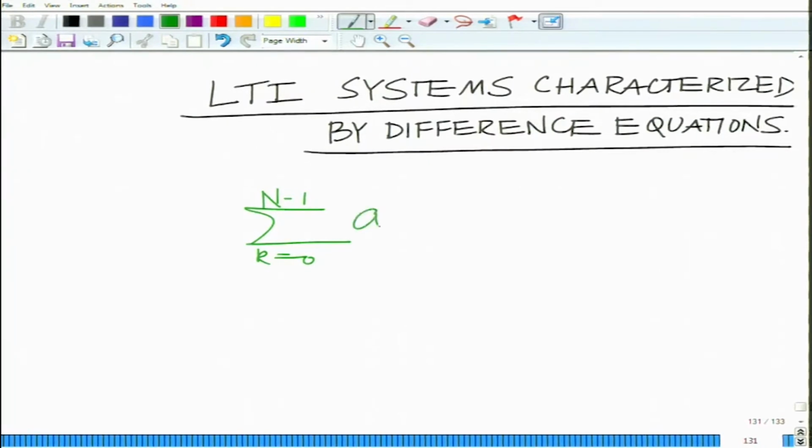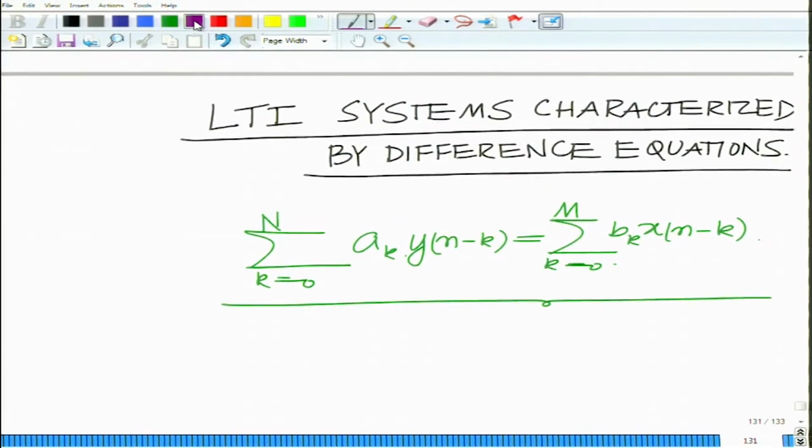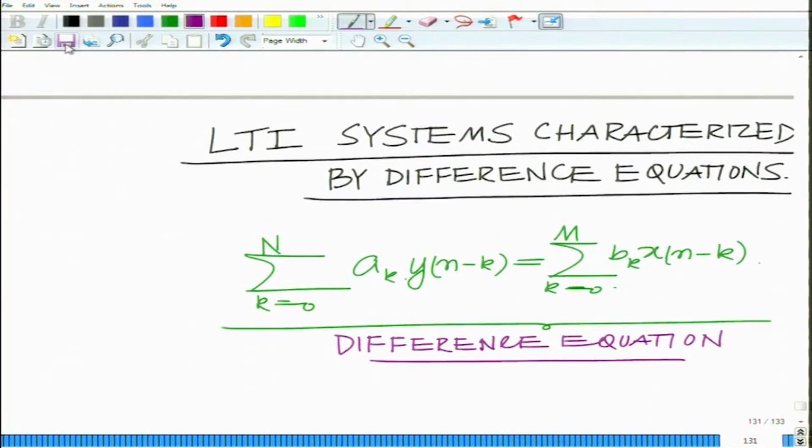Let us say the difference equation is summation k equal to 0 to N minus 1 a k y of n minus k equals summation k equal to 0 to M b k x of n minus k. This is the difference equation.